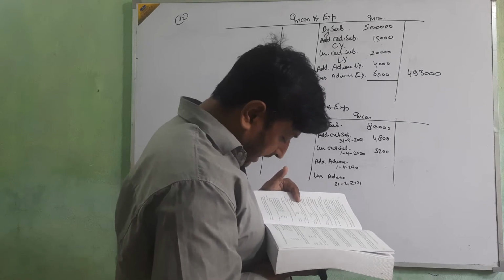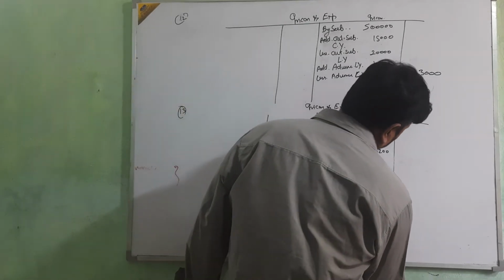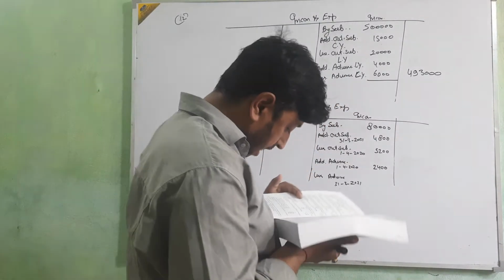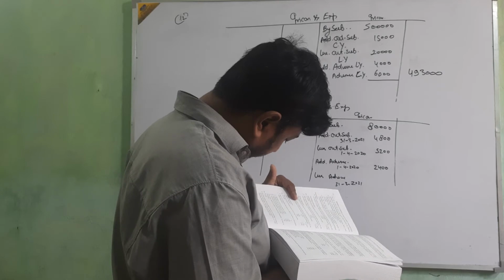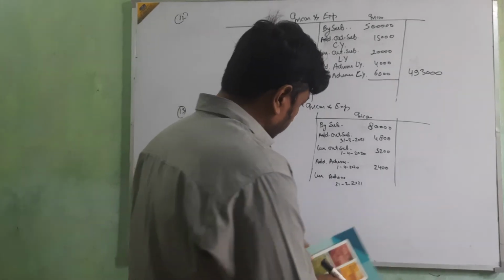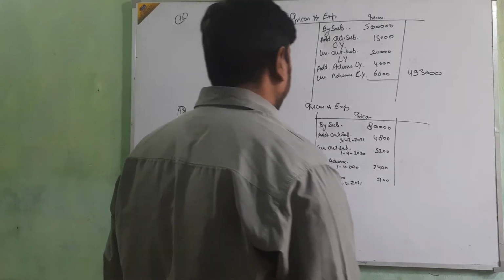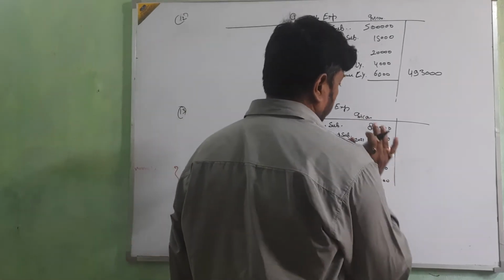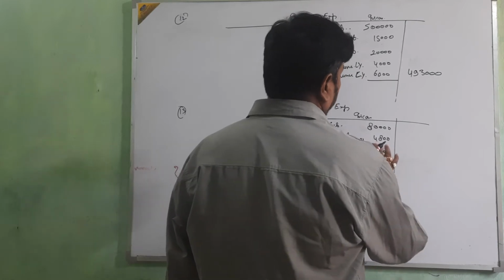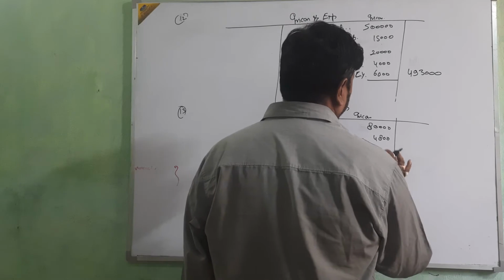Advance for last year is 2,400 and current advance is 700. It means add this amount and this, less this amount and this. Okay beta, clear? 4,800 and 2,400, 7,200.